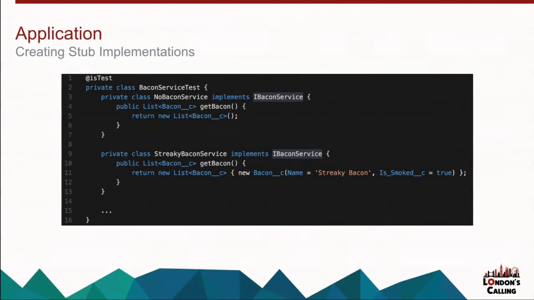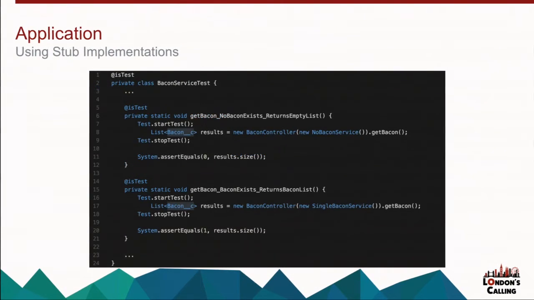I've got a test class, and I've created a couple of stubs for my service inside there. So they're both very simple. I've got the no bacon service, which returns nothing, and I've got the streaky bacon one, which returns the same as my test did earlier, so just one object in the list. How can I actually use those to improve my tests?